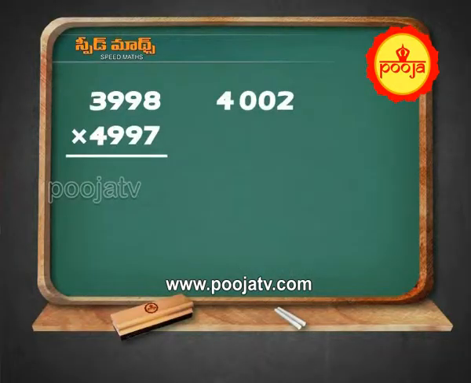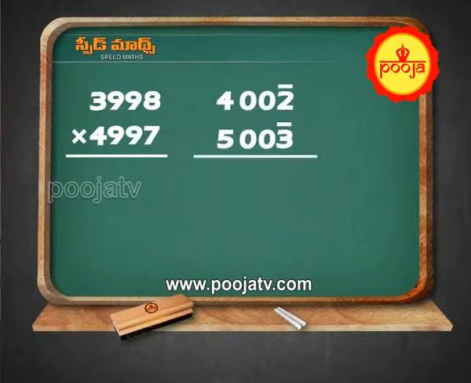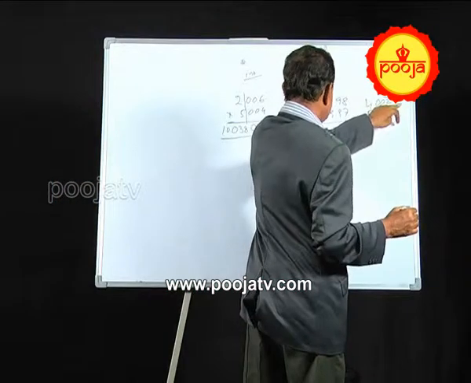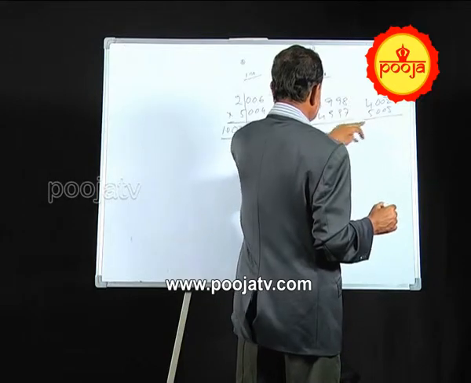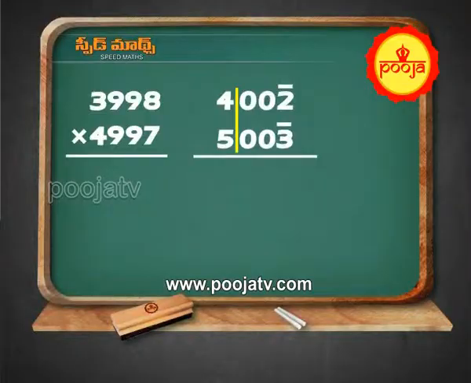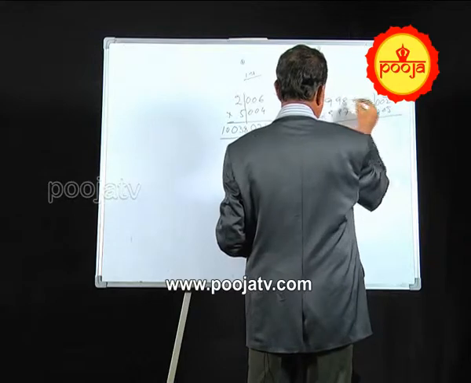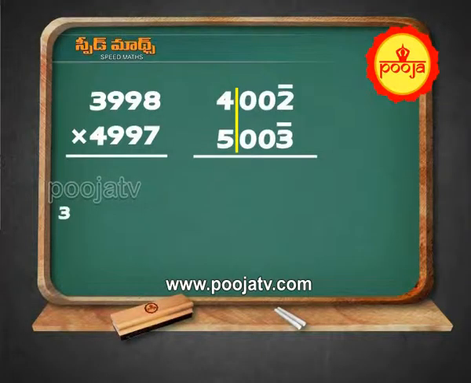3998 is written as 4000 minus 2. 4997 is written as 5000 minus 3. Give a slash. Because this 998 has become minus 2, this 997 has become minus 3. Now, minus 3 into minus 2 is plus 6.